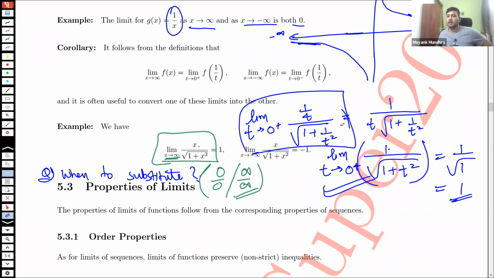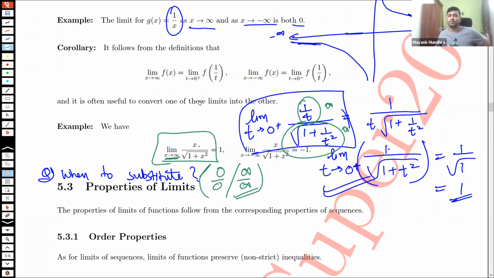Similarly, if I look here, this 1 by t goes to infinity, and this is also infinity because 1 by t square is infinity. So this is still infinity by infinity format.